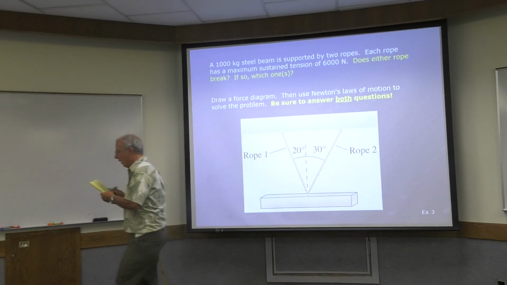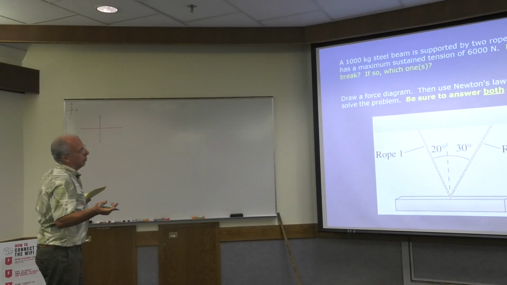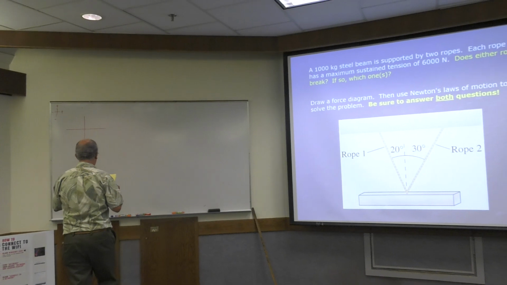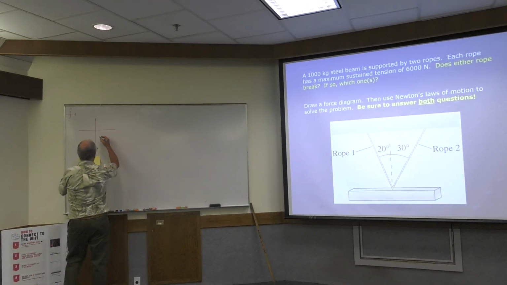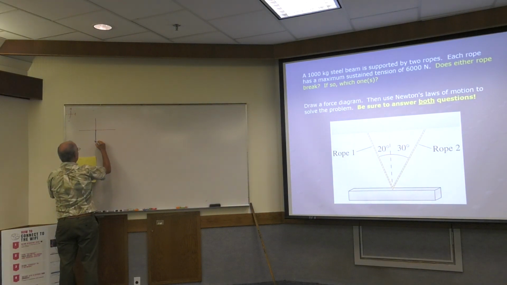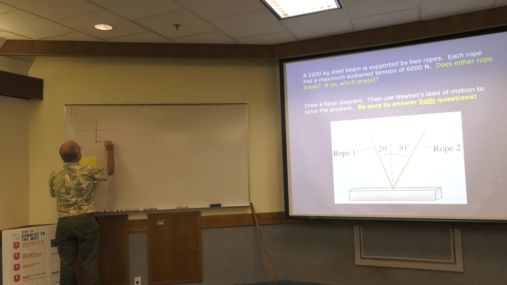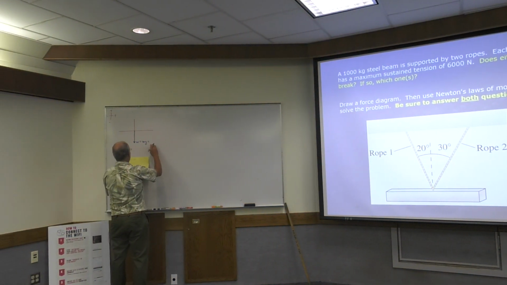That's it. And there's two ropes, right? So you've got to label them, like T1 and T2. All right, so gravity. So there's the weight, which equals mg. Well, we'll just leave it at that.